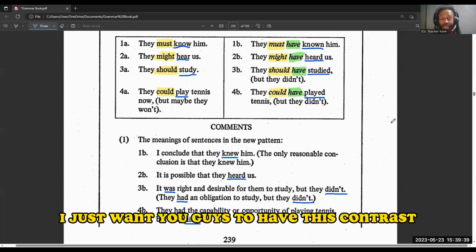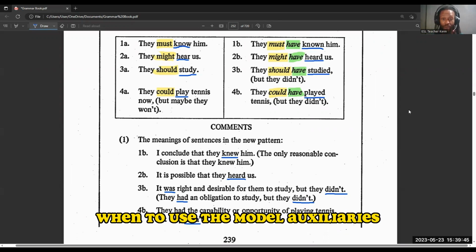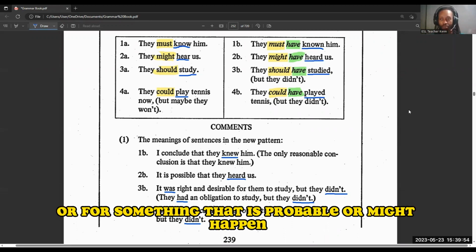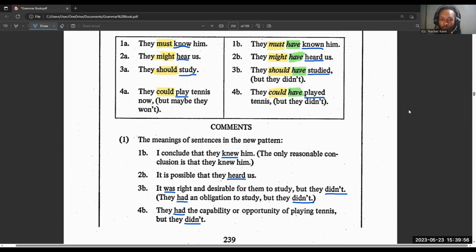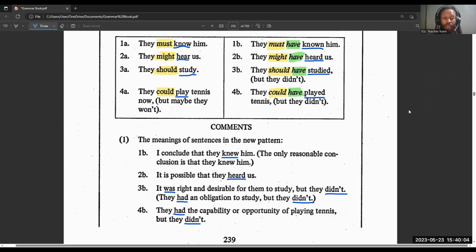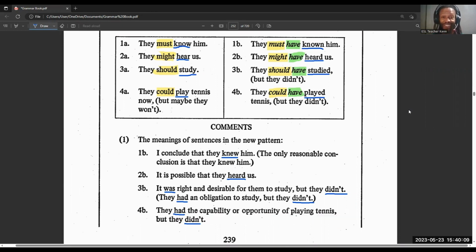I just want you guys to have this contrast and remember that when we already understand when to use the modal auxiliaries in present or in future for everyday situations or for something that is probable or might happen, we just have to add have and the verb in past participle, and we will be using the correct structure.